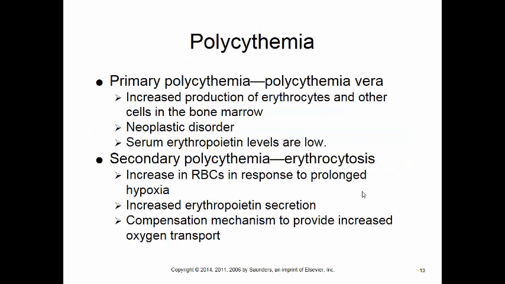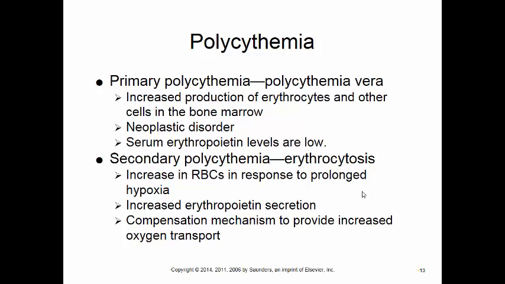The next blood dyscrasia is polycythemia. Then we have primary polycythemia and secondary polycythemia. Primary means it's caused by the bone marrow production, and secondary polycythemia is caused by something else.